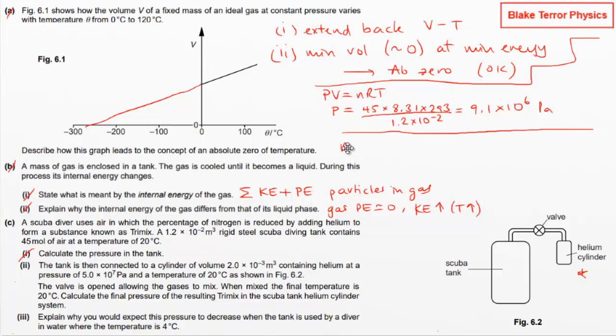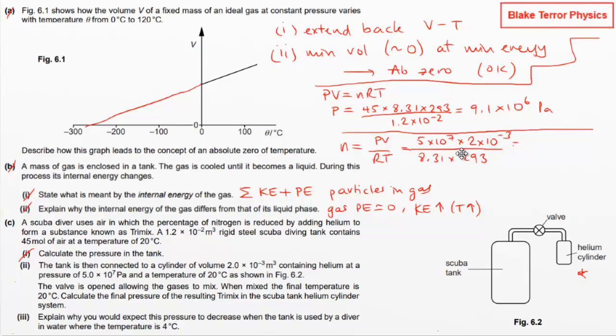So our N is going to be equal to PV divided by RT. The pressure is 5 times 10 to the 7. Our V is 2 times 10 to the minus 3. R is 8.31, and T is 293 again.